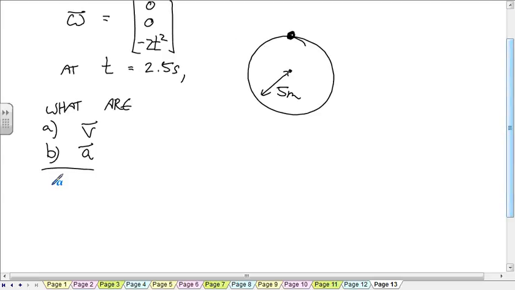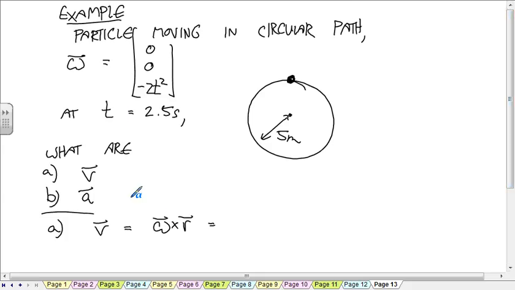Okay, so part A. We know that the velocity vector is equal to omega cross r. The omega vector, we know that at time equals 2.5 seconds, is 0, 0, negative 12.5 if you plug 2.5 seconds into this function.